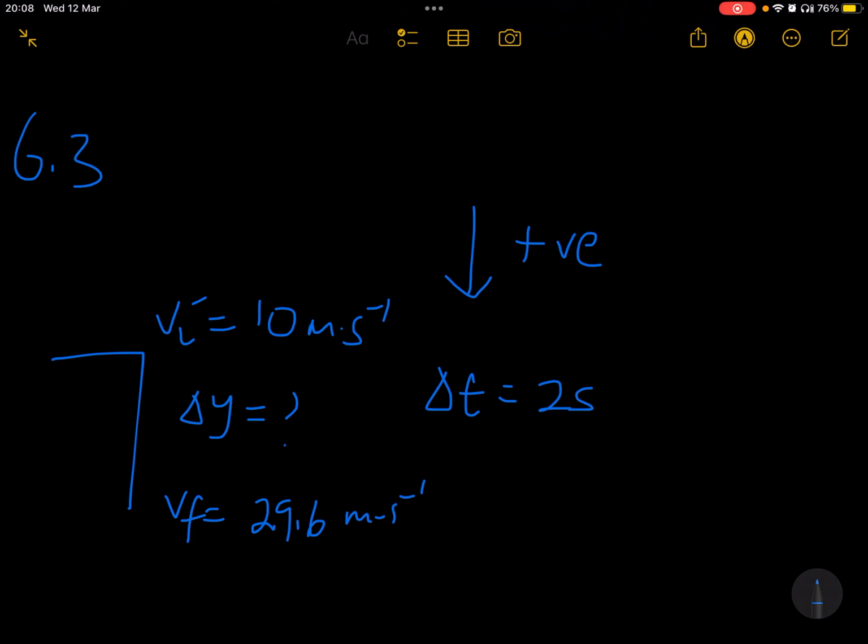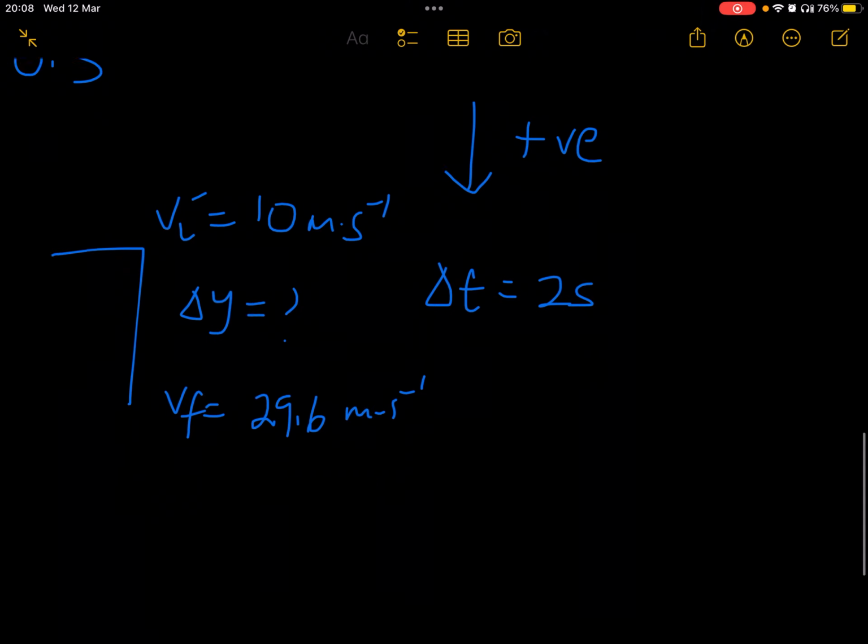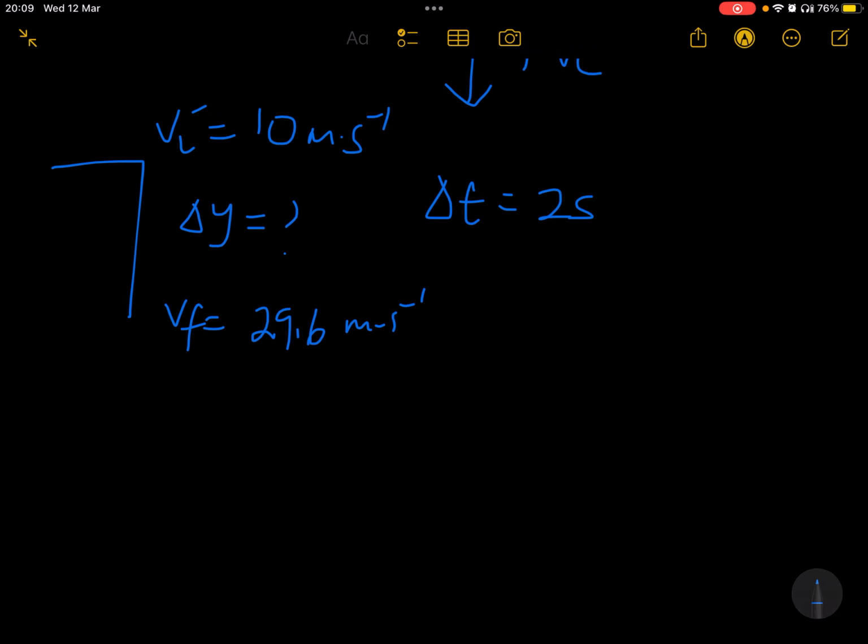Therefore, we might look for a formula, of which there are two that can combine these four variables. Alright, I'll start with the first one. The first one being delta y is equal to Vf plus Vi over 2, times delta t.